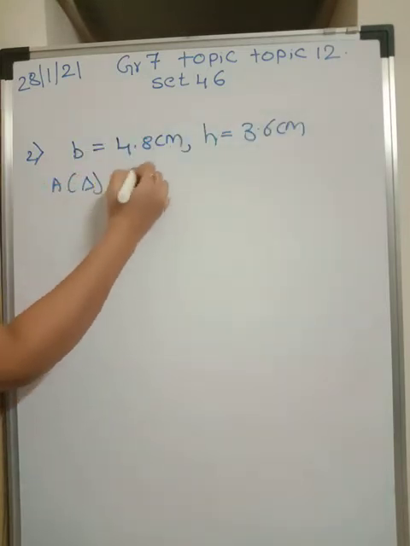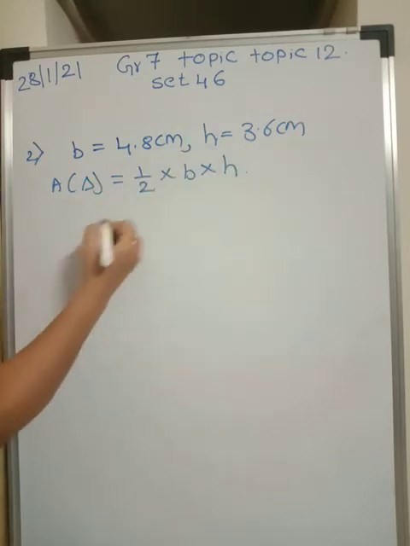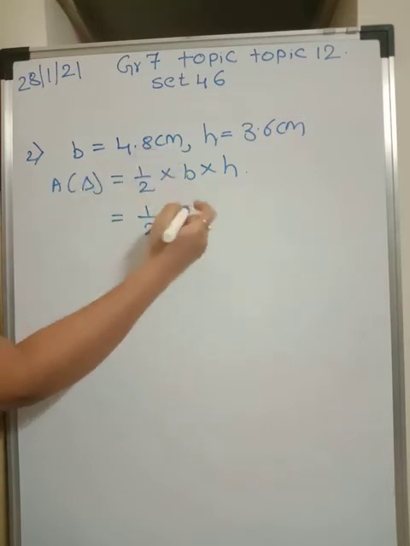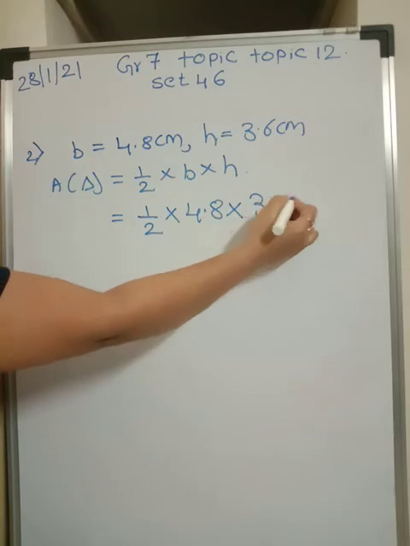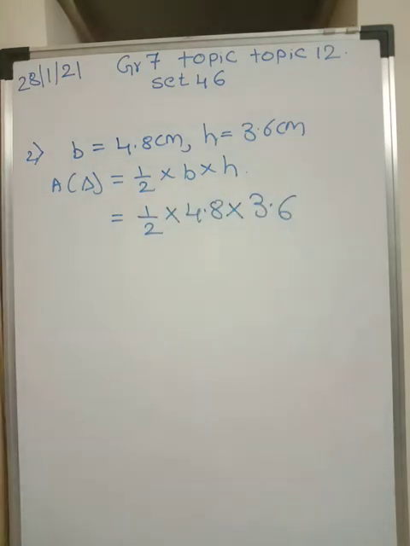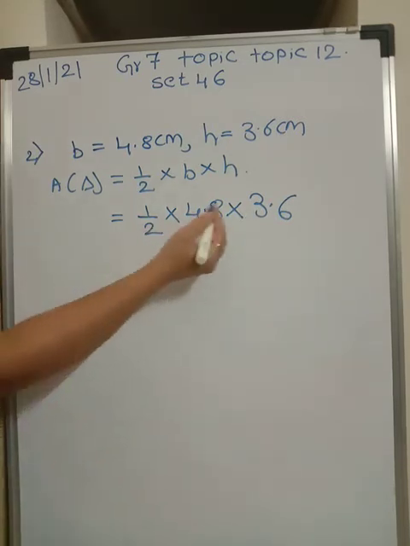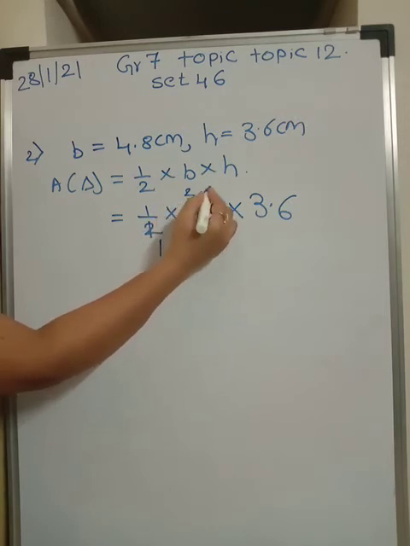So what is the area of a triangle? Half into base into height, which is equal to half into 4.8 into 3.6. So this can be cut easily. 2 ones are 2, 2 twos are 4, and 2 fours are 8.